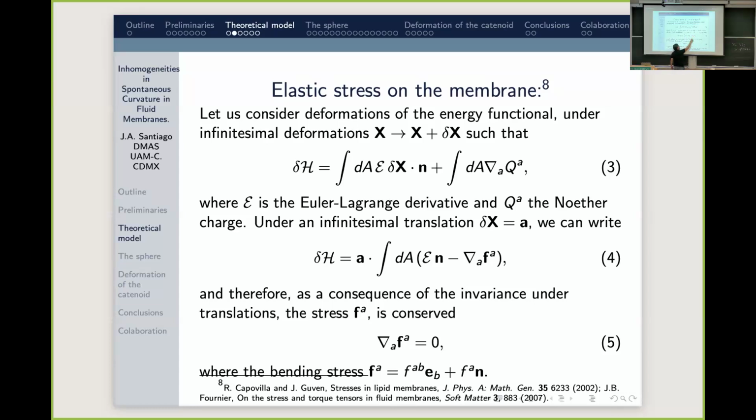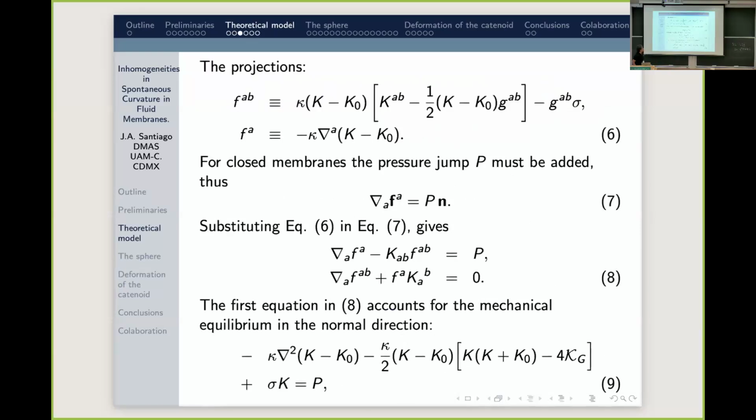This object is called the bending stress, and it can also be written as a linear combination of the tangential and the normal vectors. The tangential projections are given by this equation, right?